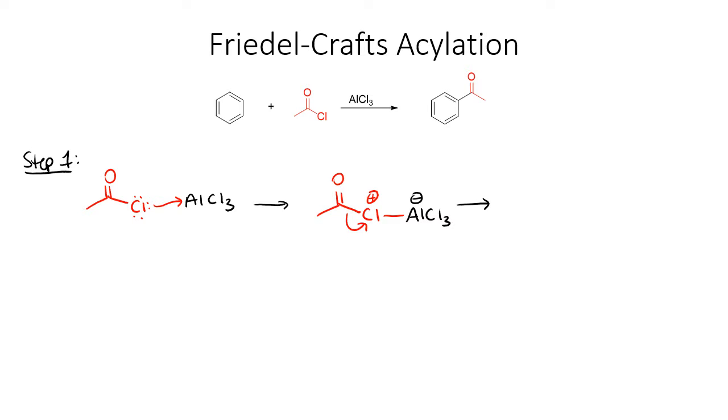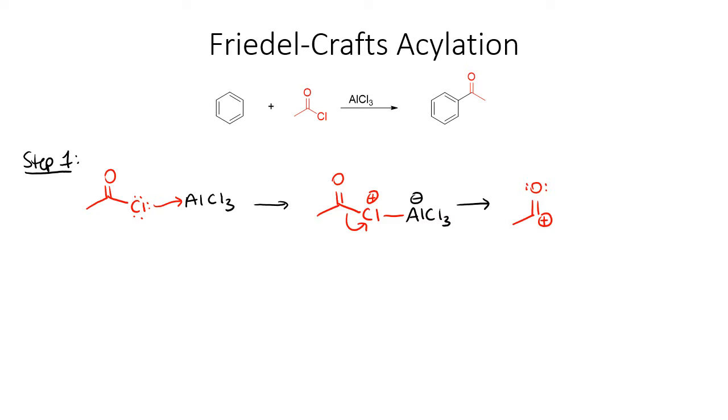So this is going to generate a very odd looking intermediate where we have a positive charge on a carbon of a carbonyl. Now we were just talking about unstable carbocations on sp2 hybridized carbons, but this is actually a carbocation that can form pretty readily because it can have resonance occur.